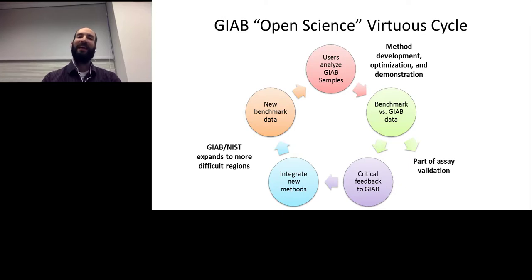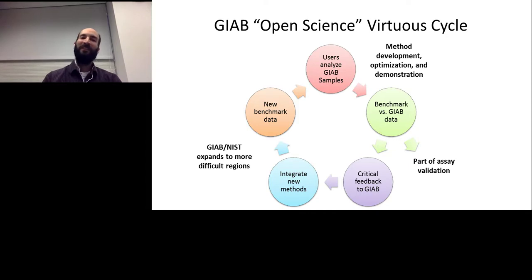So if it looks like any of these new methods that are developed are going to be useful for improving our high confidence calls or for expanding to more difficult regions and more difficult variants, we'll integrate those new methods into our integration process, release new benchmark data sets, and then users can again compare to these, and we'll go through the cycle again over and over again to iteratively improve.